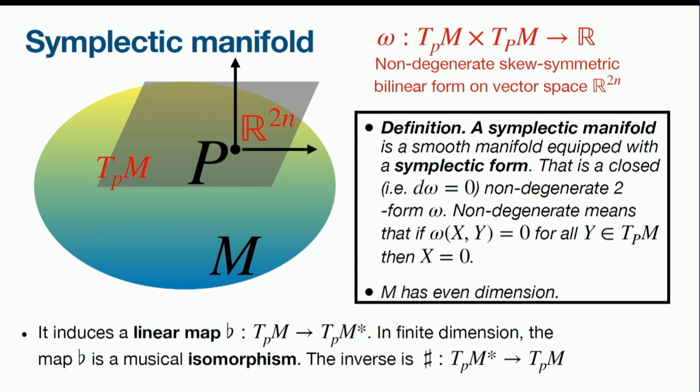Here I added a bit of a comment about the linear maps. I'm always considering something of finite dimension, because when it gets infinite dimensional, it's very hard. So let's keep finite dimensional, and in our case, therefore, this will give an isomorphism. So we have a musical isomorphism, and this is the inverse here. Sharp is this inverse, T_m star is the cotangent space.